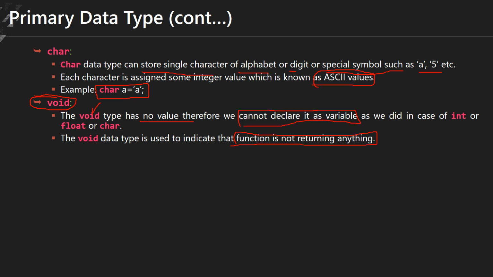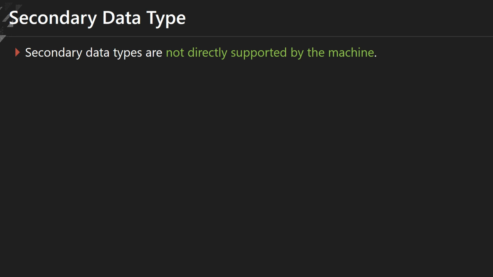Let us move to the other category of data types: secondary data types. Secondary data types are not directly supported by the machine.